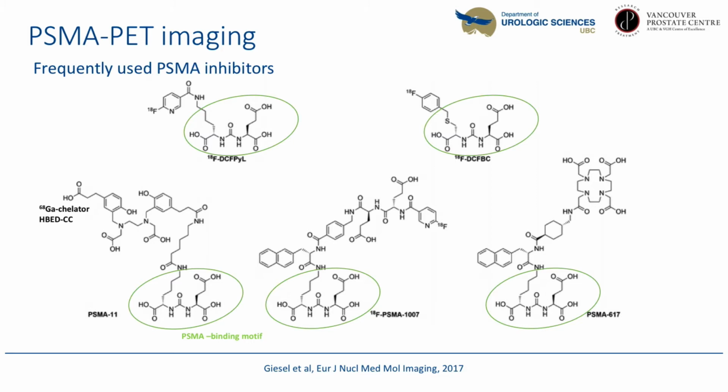I think that's an important point to me: antibody versus inhibitor. Why use it? Inhibitors are small molecules compared to antibodies, and with that they have a lower blood pool activity, and they bind better to the PSMA. What is blood pool?